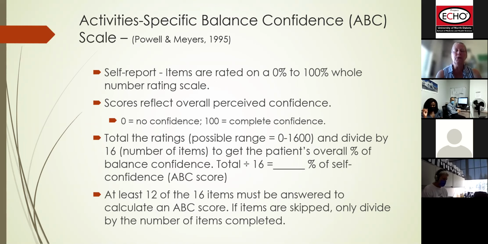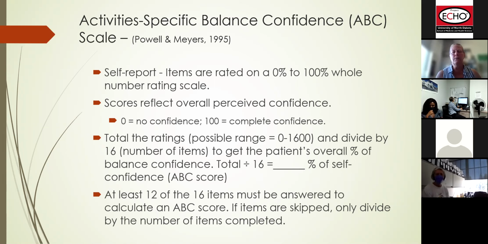They can say 0% confident, or anywhere between 0 and 100%, where 100% would be completely confident. They fill out the 16 items, and then you take the total score, the highest score could be 1600, and you divide it by 16 and you get a percent.